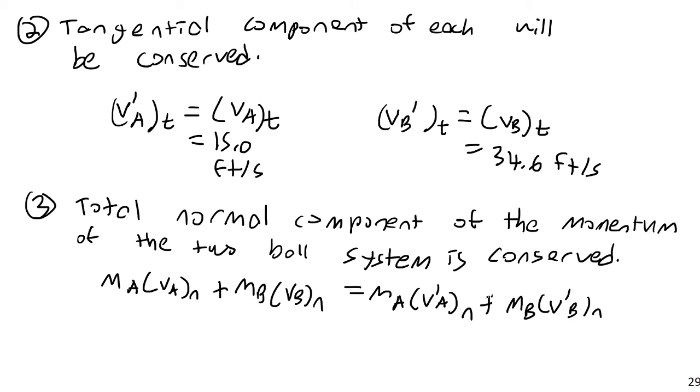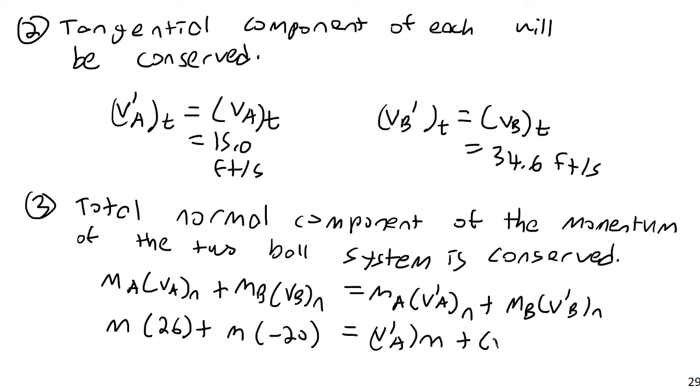Notice I'm labeling these as separate masses, but since they're the same mass, I can replace these all with M and put in the initial velocities. So M times 26 plus M times negative 20 is equal to M times V prime A normal plus M times V prime B normal.